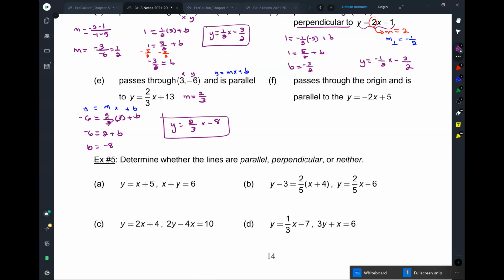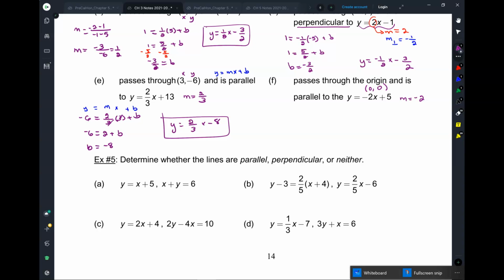Okay, next. Passes through the origin and is parallel to the line given. Okay, passes through the origin. What's the point it passes through? (0, 0). Fabulous. And is parallel to this, so what's the slope I'm going to use? Negative 2. Good. If it passes through (0, 0), does that also give me the y-intercept?